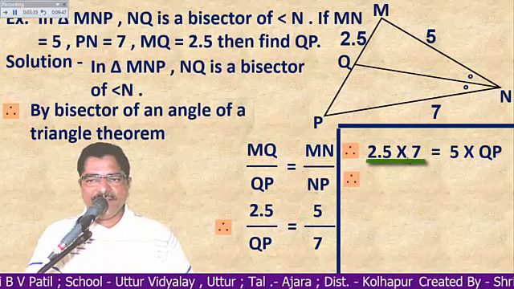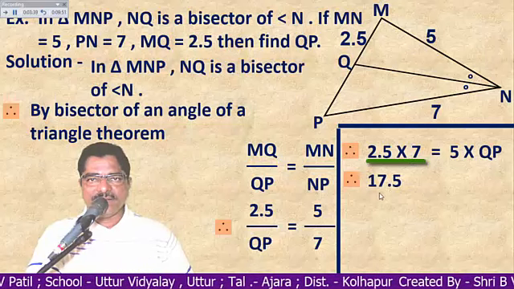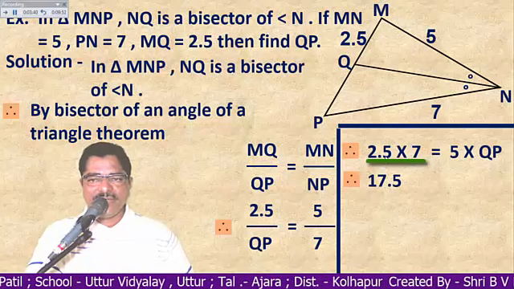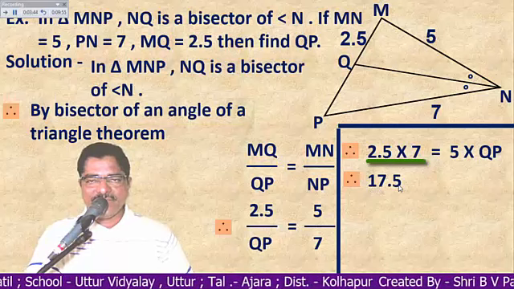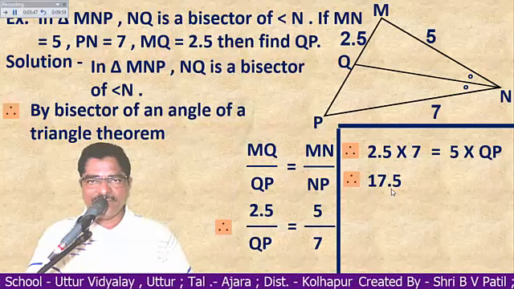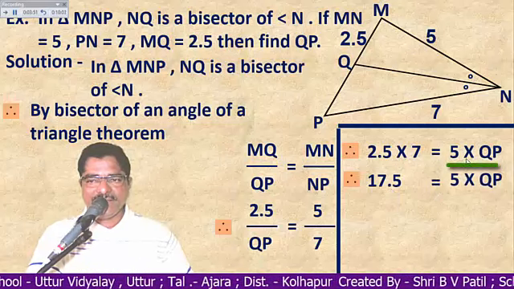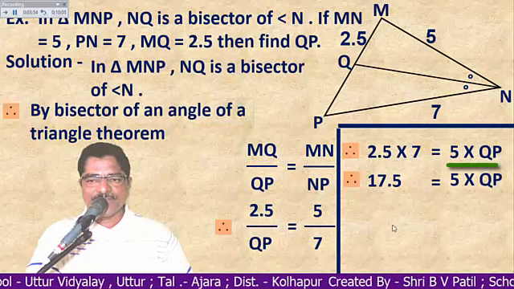Therefore, multiplication: 25 sevens are 175, with one decimal point, that is 17.5, is equal to 5 into QP.